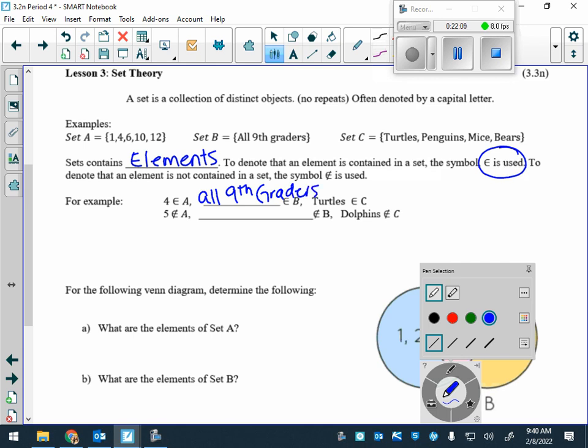However, what's an example that won't be in set B? Turtles, 10th graders, anything like that. All 10th graders, turtles, whatever, will not be in set B. In set C, turtles are in set C, but dolphins are not. So that's how you denote if an element is within that set.